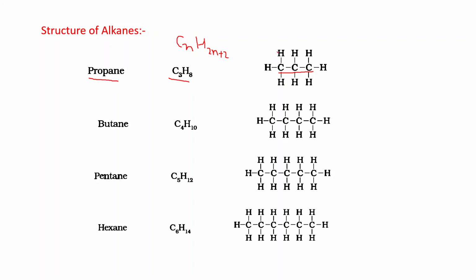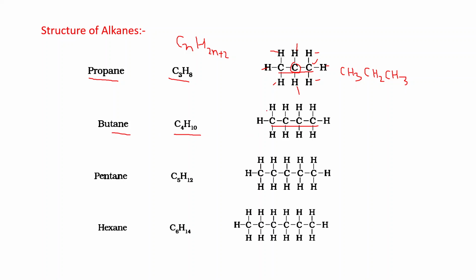Now this carbon is attached with 3 hydrogen atoms, the middle carbon atom with 2 hydrogen atoms, and the other terminal carbon atom again with 3 hydrogen atoms. In the condensed form, this can be written as CH3, CH2 and CH3. This is propane.